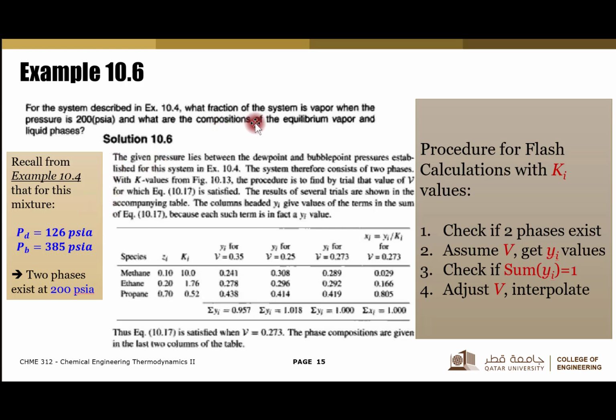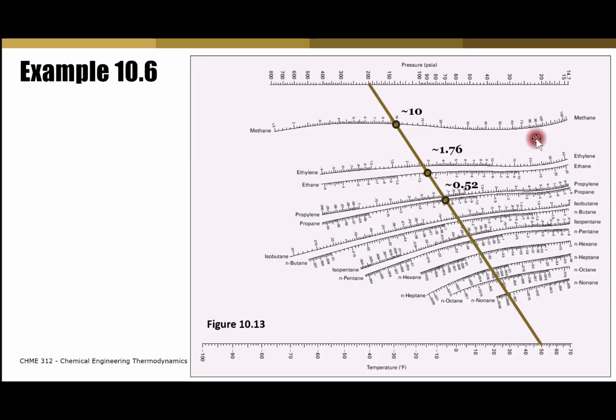Now with respect to the composition, that was something given in the problem. That problem had 3 species: methane, ethane, and propane. So 10% methane, 20% ethane, 70% propane. For this problem, we have to go to the chart with the K values, because we're not assuming Raoult's law here. If you remember, we have to find where methane is, where ethane is, and where propane is.